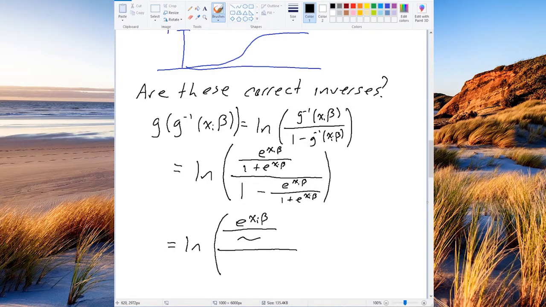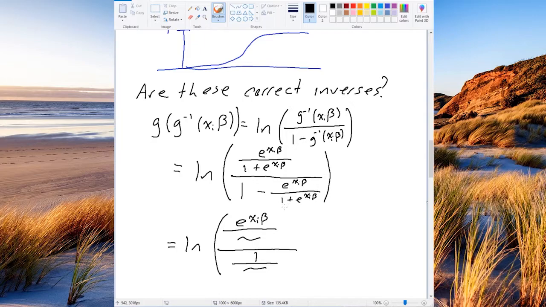So let's get a common denominator for both parts of this. Then I could write 1 as 1 plus e to the xi beta over 1 plus e to the xi beta, and then subtract off e to the xi beta over 1 plus e to the xi beta. So what's that going to leave me with? That's going to leave me with 1 over 1 plus e to the xi beta, which I'm writing with the squiggle.